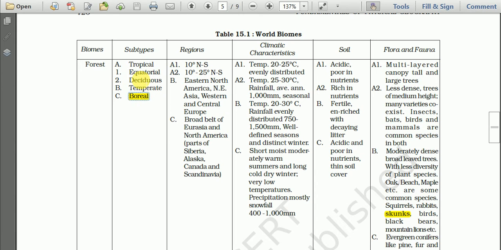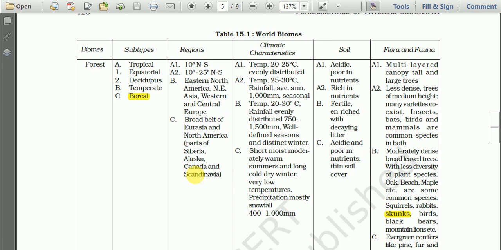The tropical forest biome is subdivided into equatorial and deciduous. Do you remember what a deciduous forest is? It is a type of forest in which trees shed their leaves for about 8 weeks in a year.